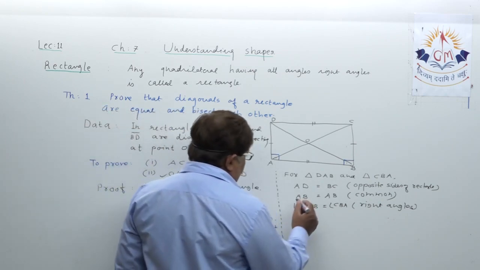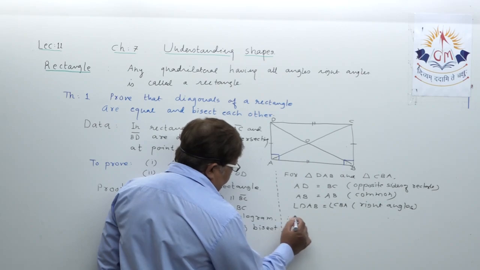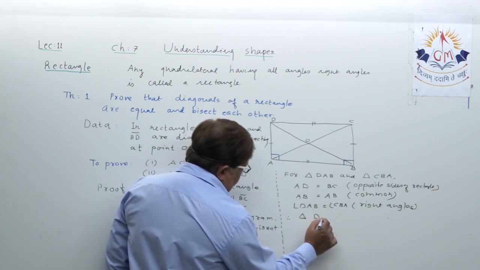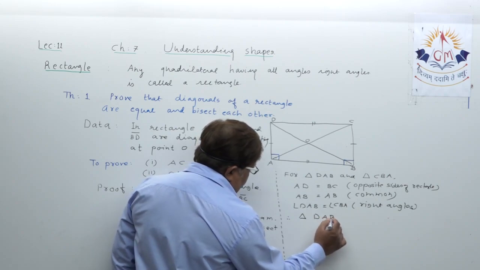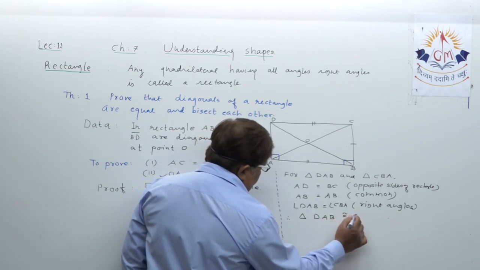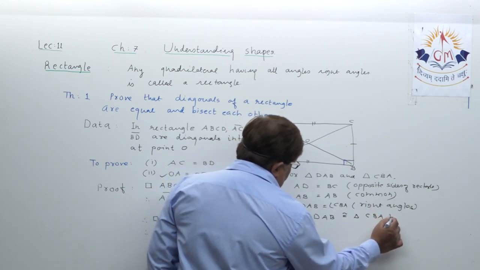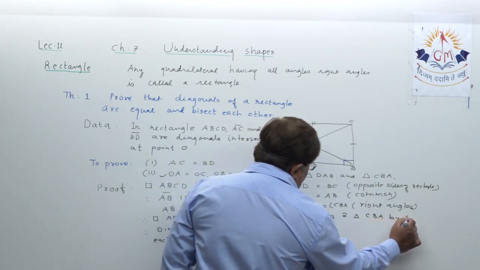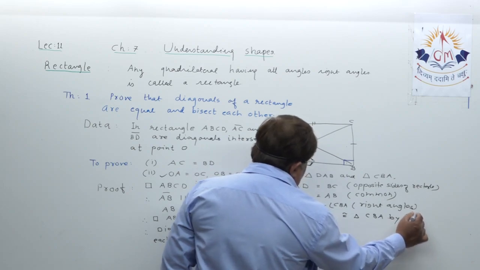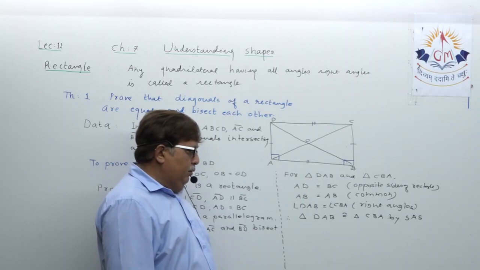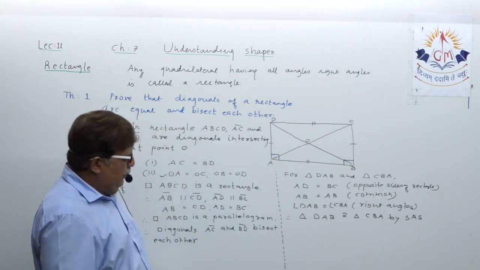So dear student, you can write this way: therefore, triangle DAB is congruent to triangle CBA by SAS postulate criteria, whatever word you can apply.